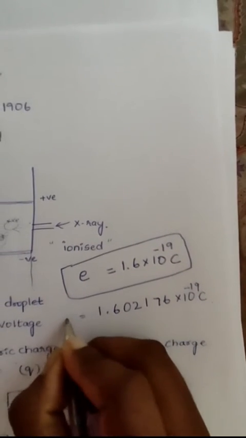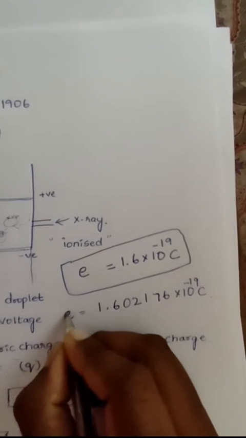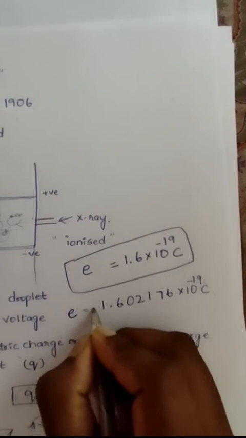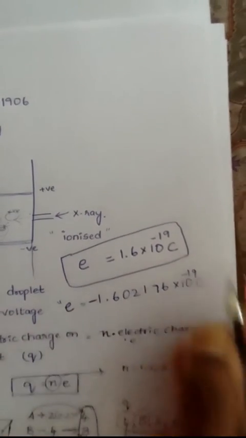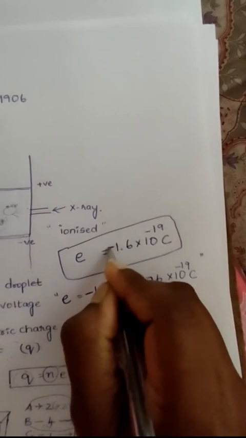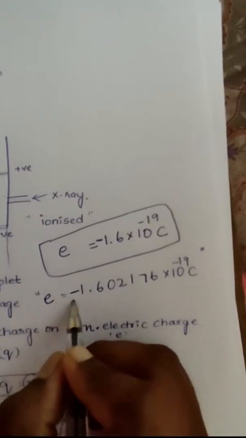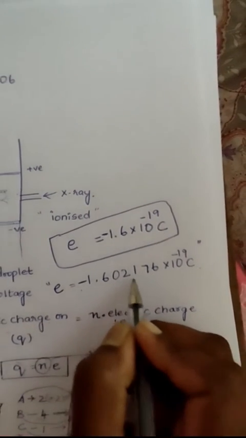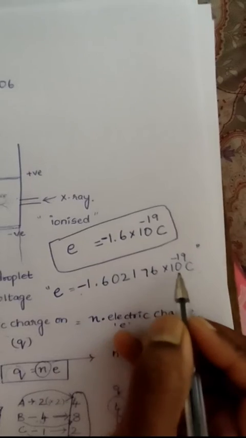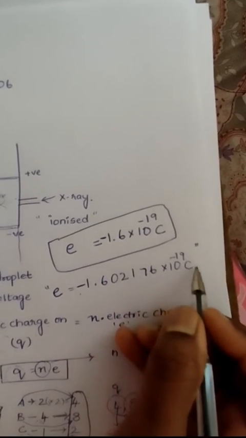This is the charge of the electron. As the electron is negatively charged, the charge is minus 1.602176 into 10 power minus 19 coulombs.